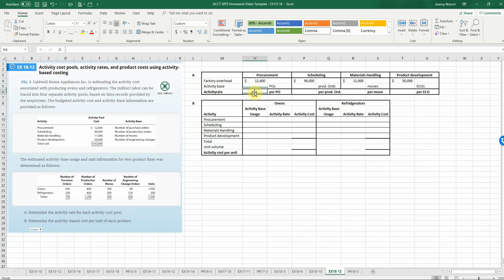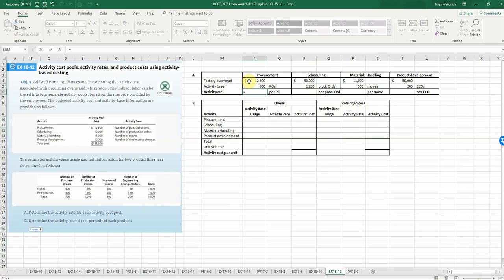So the total number of purchase orders that we're going to do is 700. For scheduling, it's production orders, and so total production orders is 1,200. For materials handling, it's number of moves, and so the number of moves is 500. And product development is number of engineering changes, and that tells us right here is 200.